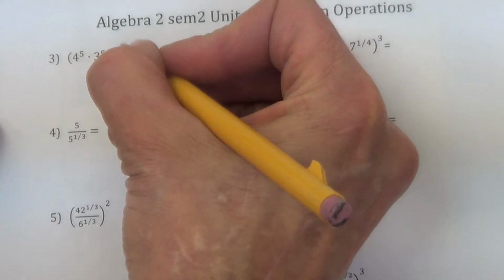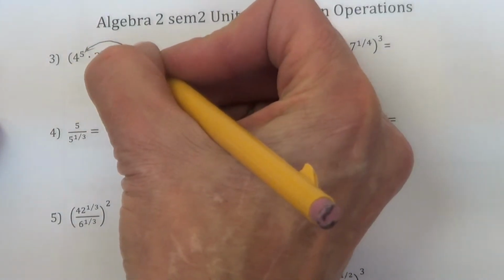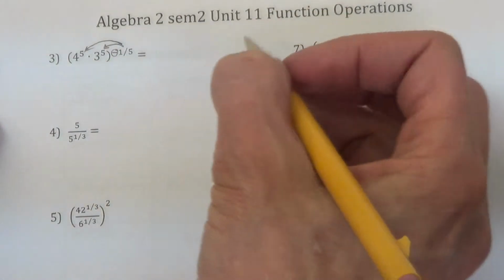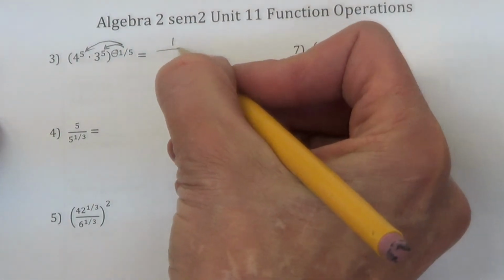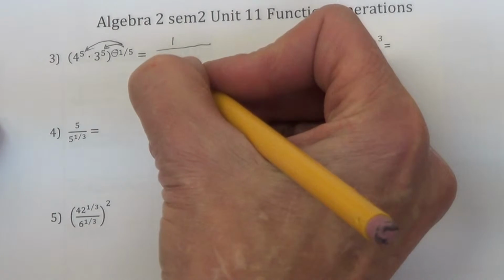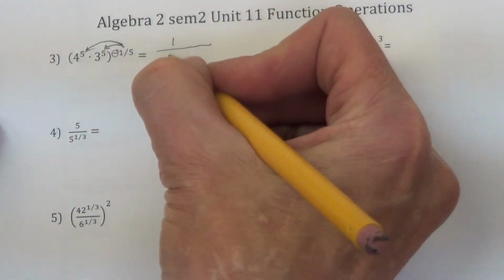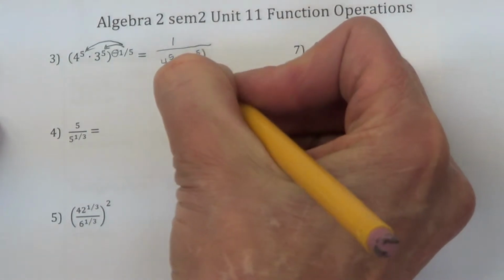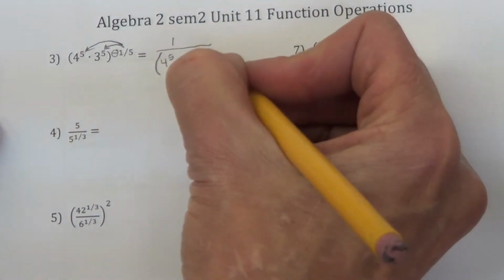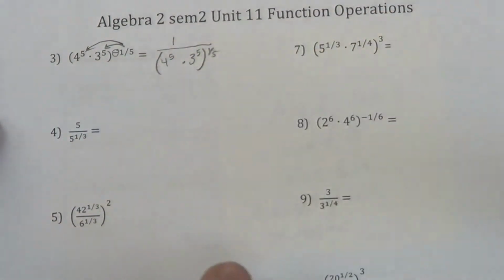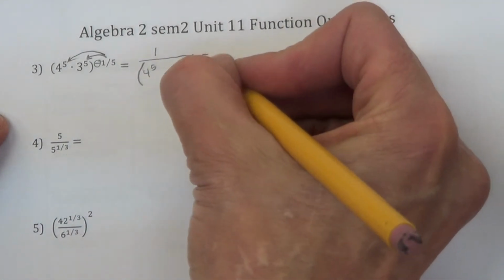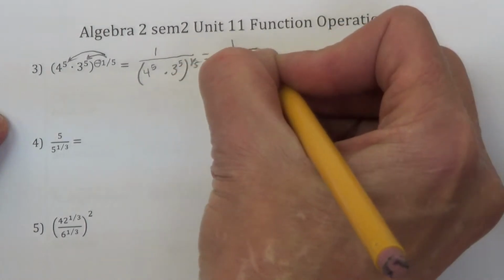So on this one, I would draw my arrow that I am going to distribute, but first, since it's a negative, I'm going to put it underneath 1. Flip it to the other side. So now I have 4 to the 5th times 3 to the 5th raised to the 1/5. And now I would end up simplifying that by distributing it.